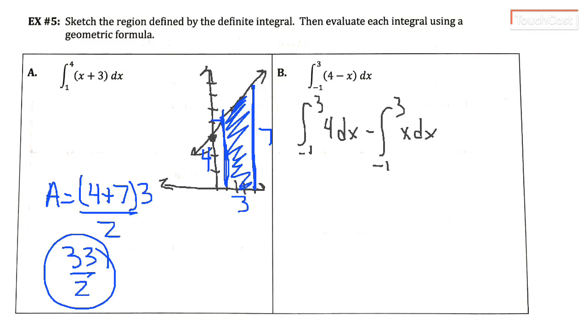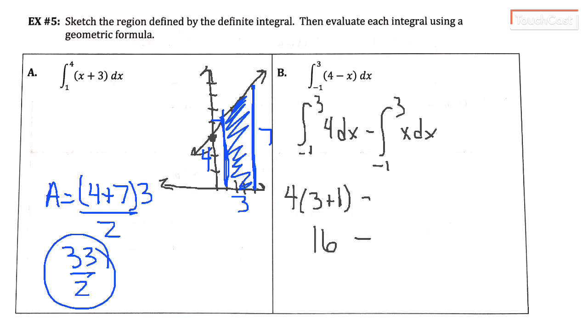Because what we know is from this first half, we can write that as 4 times 3 minus -1, so 3 plus 1, which would be 4 times 4, which is 16. Then we're just going to minus the integral from this last part.